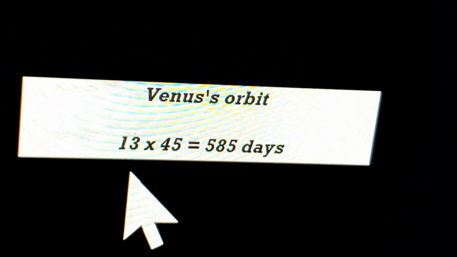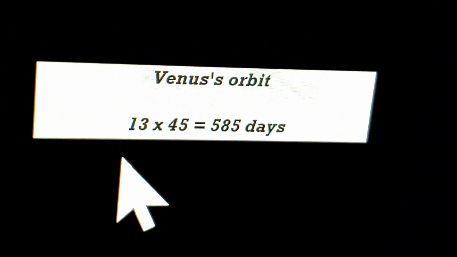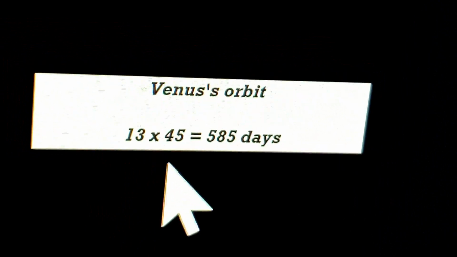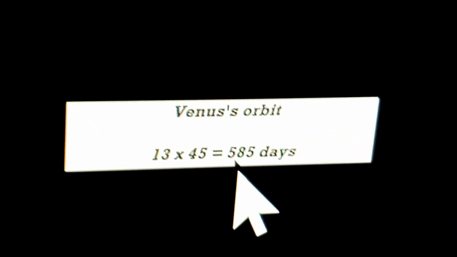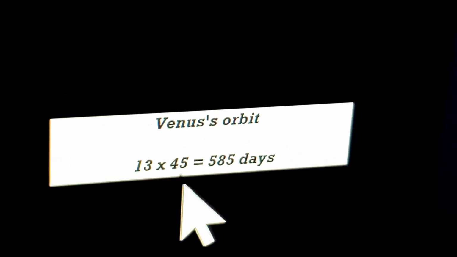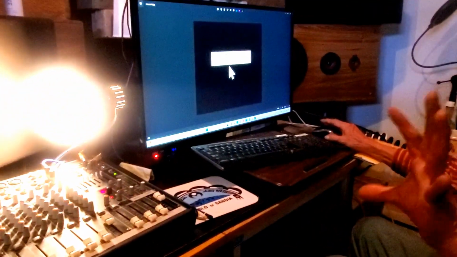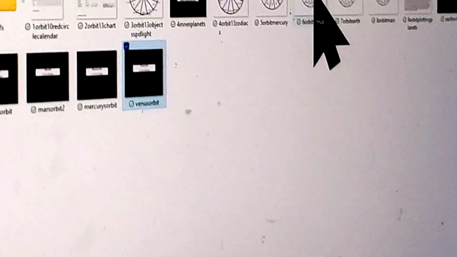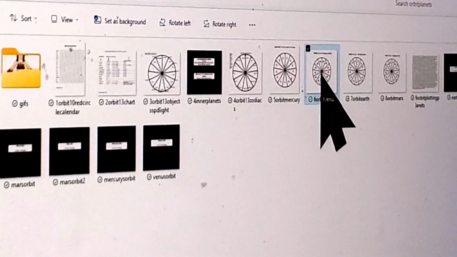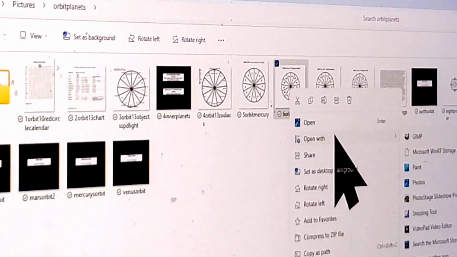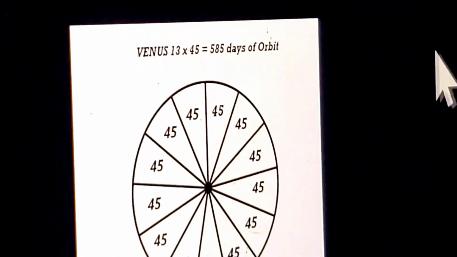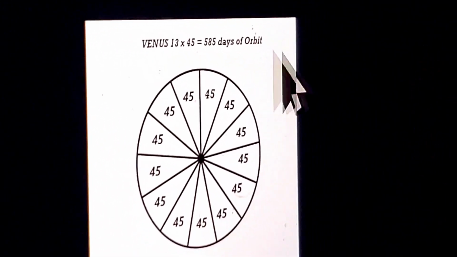But Venus's orbit using 13, back to that 13 again, is 13 times 45 days, which equals 585 days. So it's 45 days per one of those slices that I showed you a little earlier. I'll just show you the slice, it'll be easier than me trying to explain it, because that's the hard part. So, back to my planetary pizza and slices again.